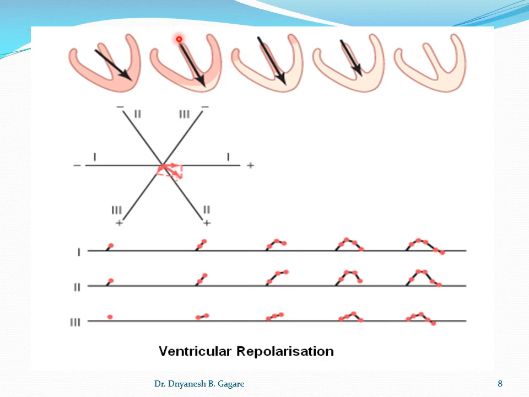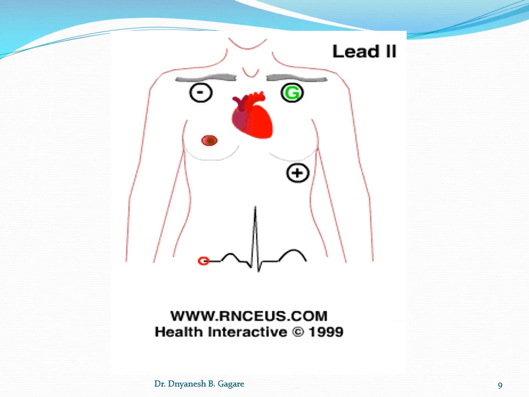That's why the current flow we record on the ECG machine is from base to the apex, but depolarization is from apex to the base in this direction. So this is how repolarization occurs, that we studied in our previous class.